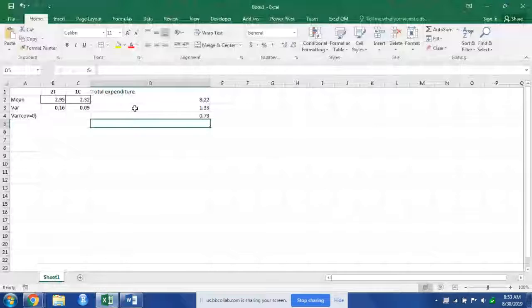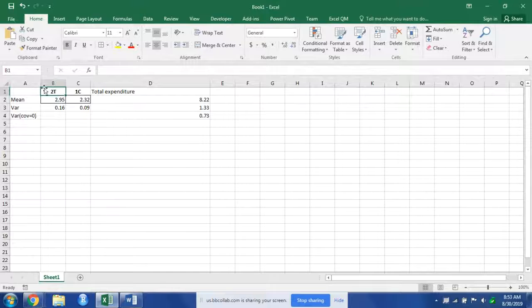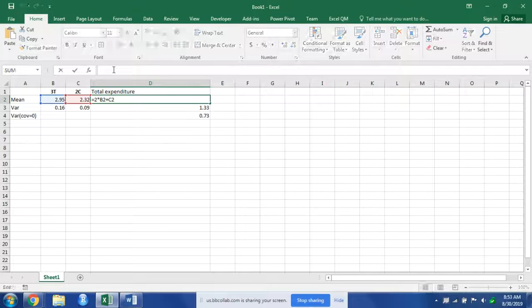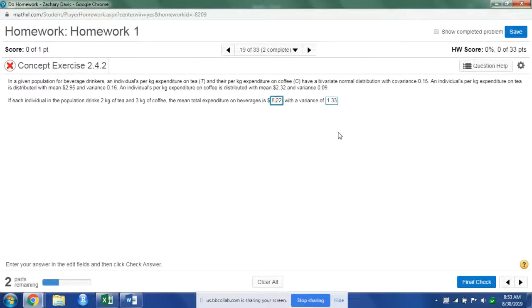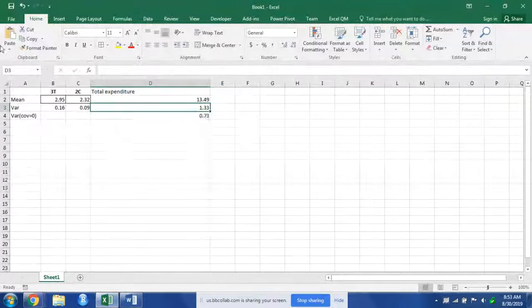Oh, 2 and 3. Change the coefficients. I don't know why my Excel's not. So it's 3, 2. So change these to 3, 2. Or 2 tea and 3 coffee.